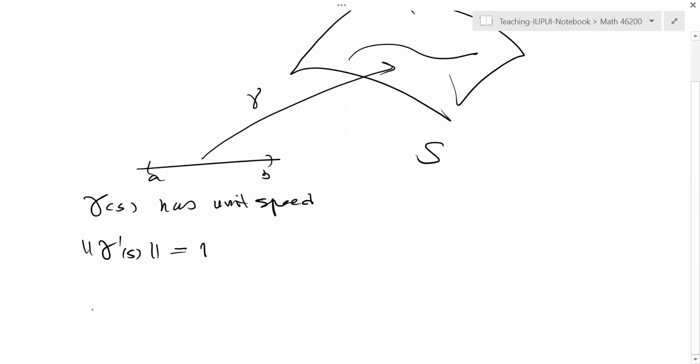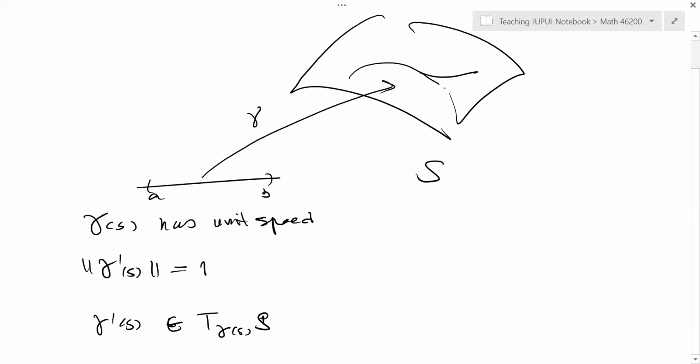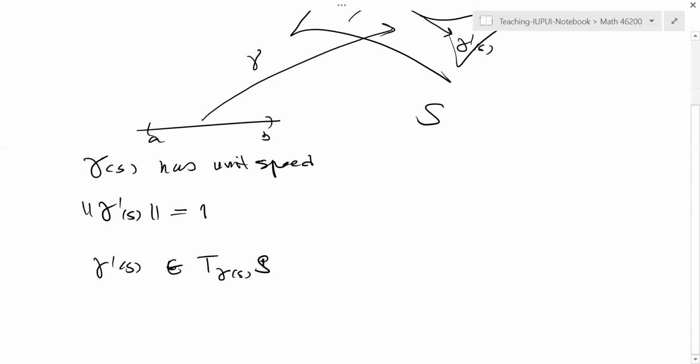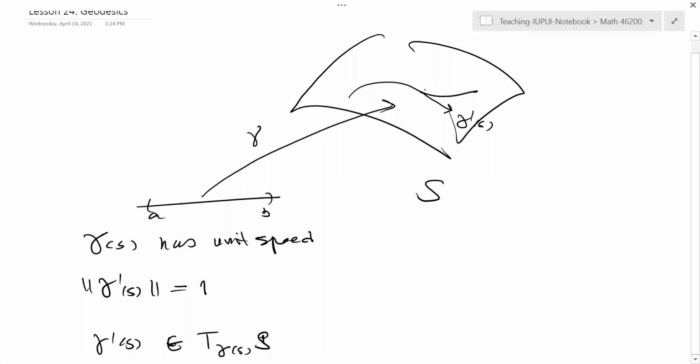Then we see that, first of all, this is a tangent vector to the surface. So let's draw this. This is a tangent vector. And we also know that for the tangent plane, we have a normal vector n, which is already pre-existing.